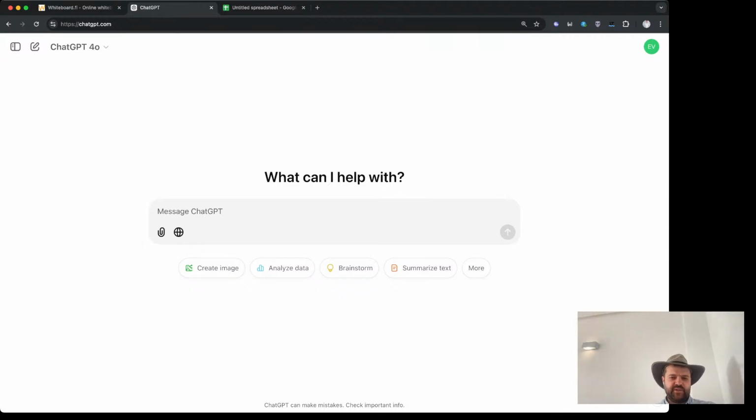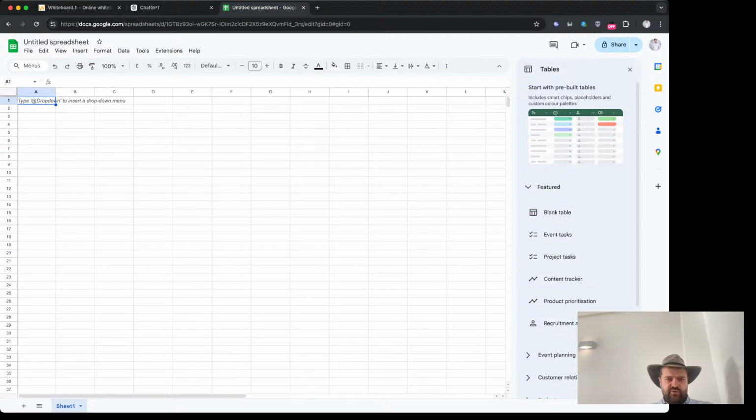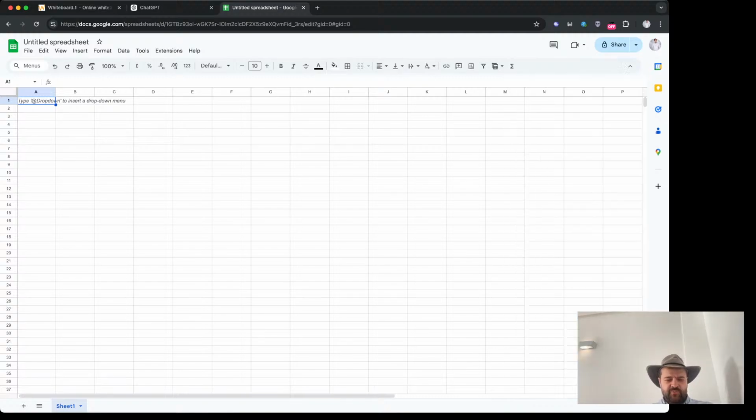If you don't know what's possible, then it will not be of much use, except you can of course ask ChatGPT how to clean up your data, but still it's better if somebody can explain how to do this. And you can also use Google spreadsheets or Excel.